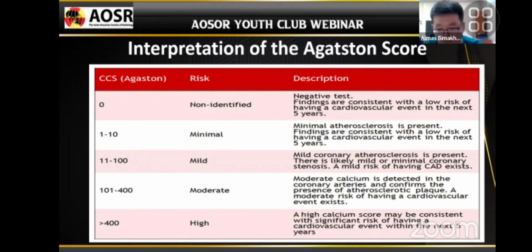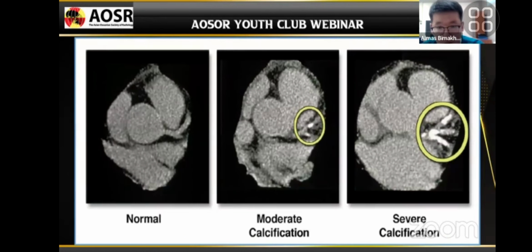A moderate risk of having a cardiovascular event exists. So if it is higher than 400, a high calcium score may be consistent with significant risk of having a cardiovascular event within the next 5 years.